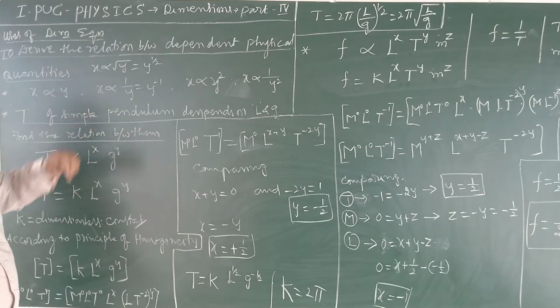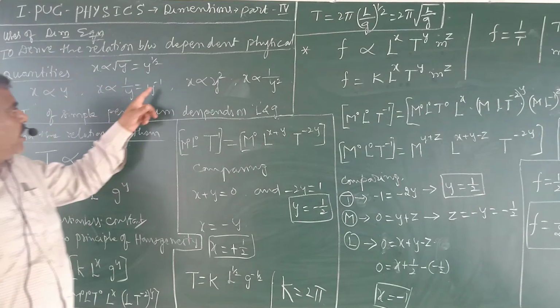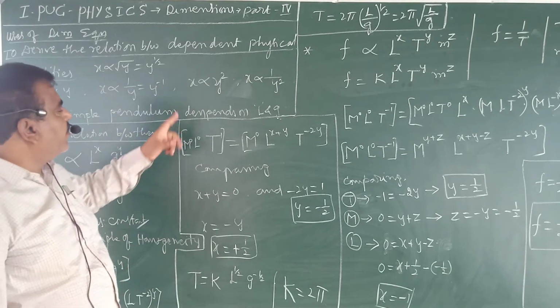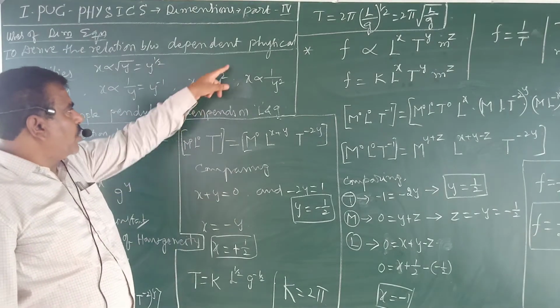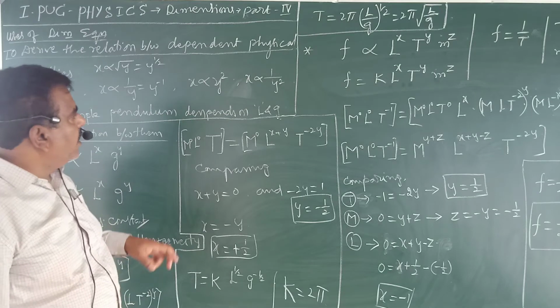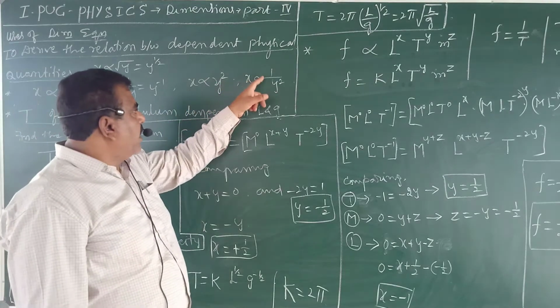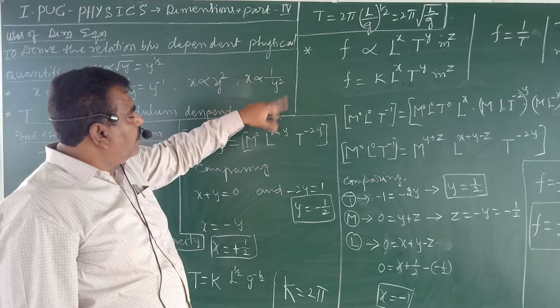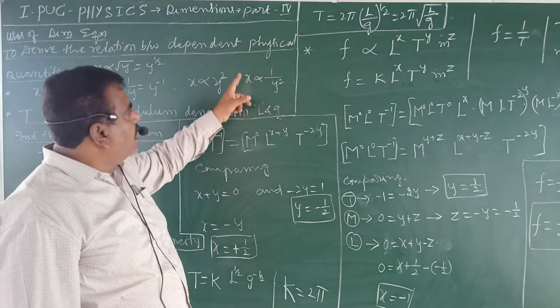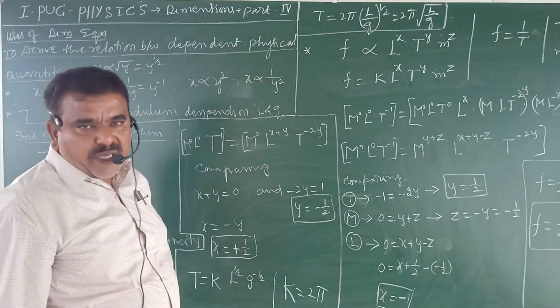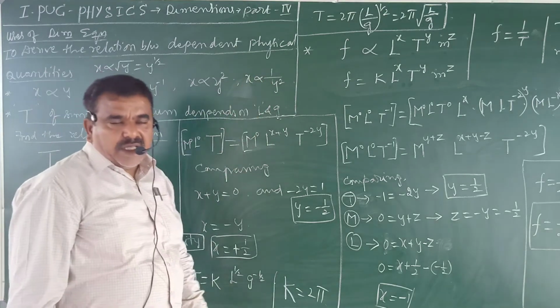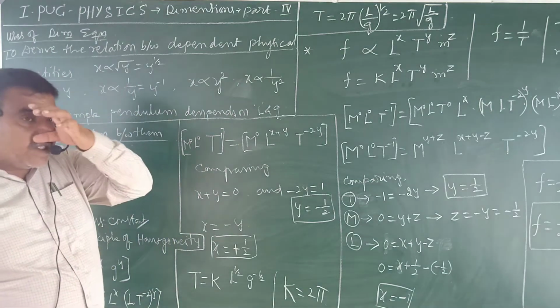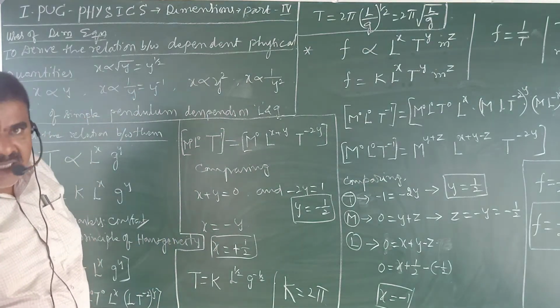X may be inversely proportional to y; here the dimension is negative. X is directly proportional to the square of y, or x is directly proportional to 1 by y square, or inversely proportional to the square of the other physical quantity. This is how one physical quantity depends on another.